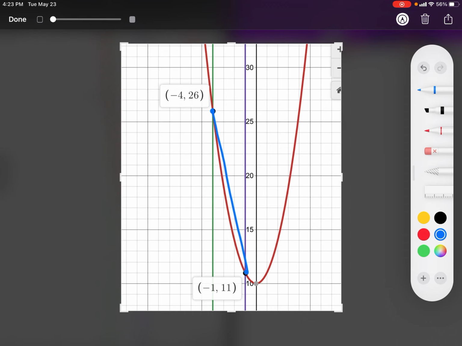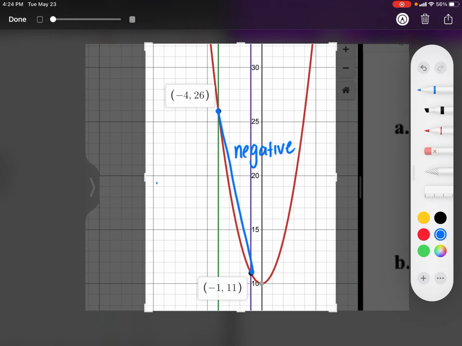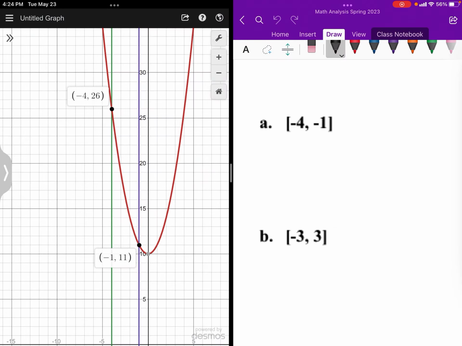So in this case, the slope for this one is negative. And if we were to use the formula of y2 minus y1, we would have ended up with a negative result. I don't know the exact value of it, but I know that it would be negative. All right, so that's for the first interval. Now let's go ahead and check out the next one. So this one is negative.